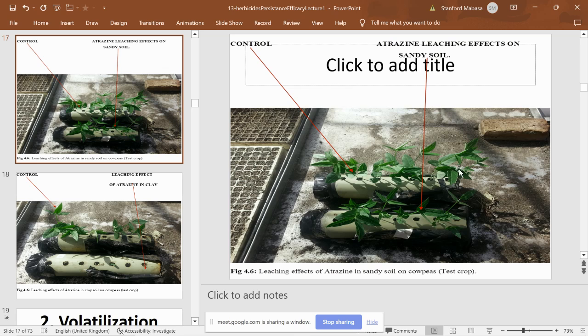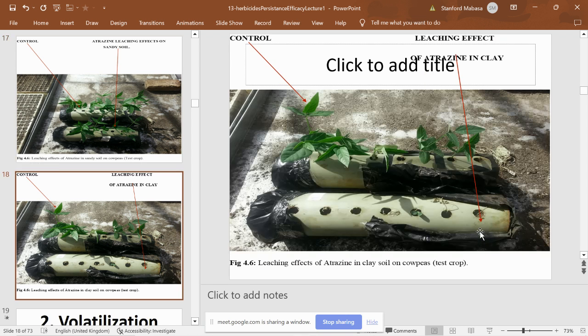So, in fact, this one in the background is the control where no herbicide was applied. This one is where atrazine was applied, but this is sandy soil. So sandy soil allowed the herbicide to be lost.